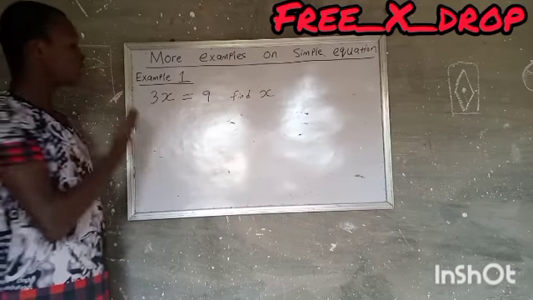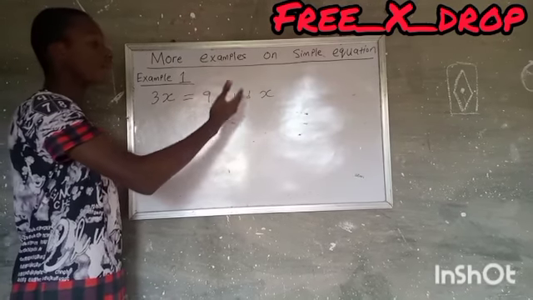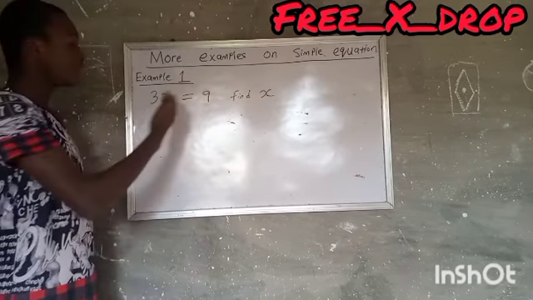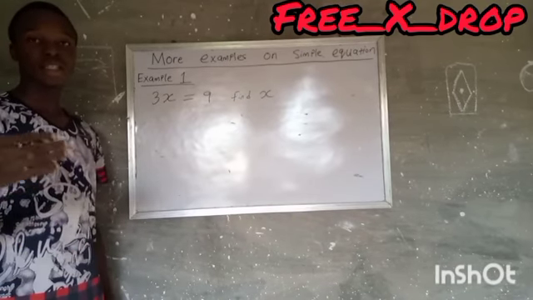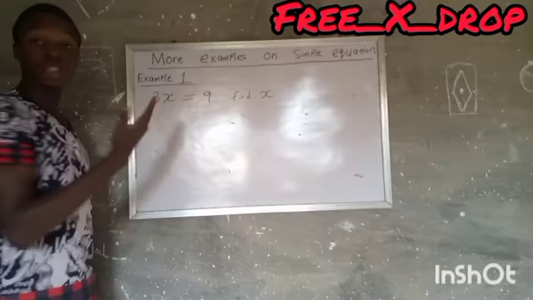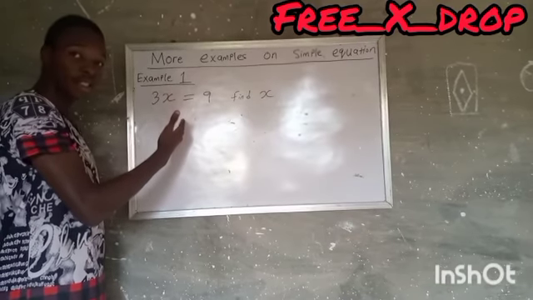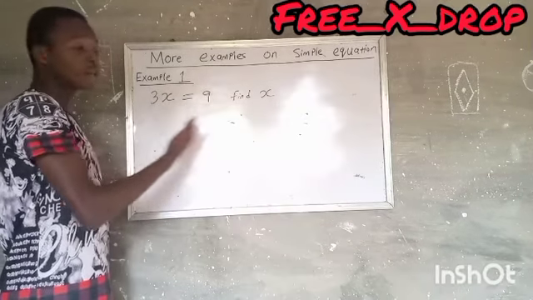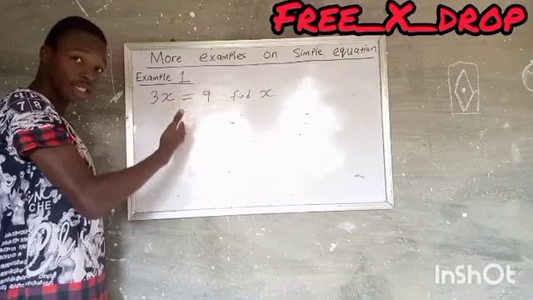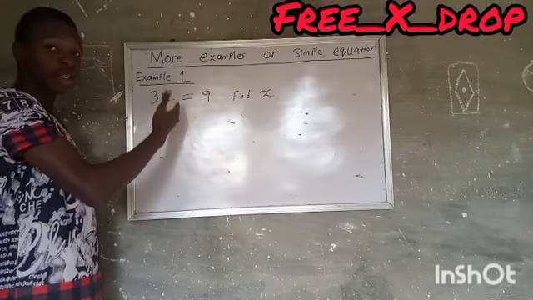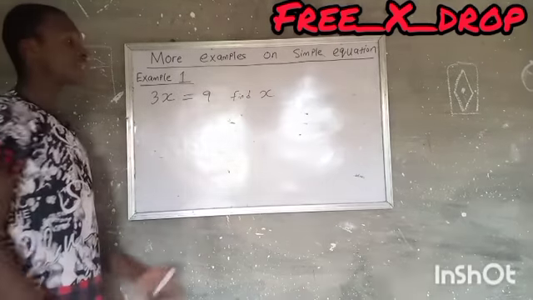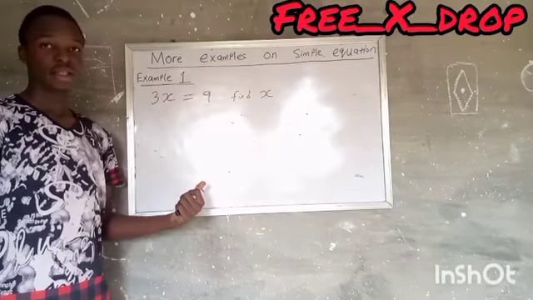They said 3x equal to 9. Find x. For the types of examples we did in the previous video, you'll see something like 3 plus x equal to 9, or 3 minus x equal to 9. But this is 3x equal to 9. So they said find x.